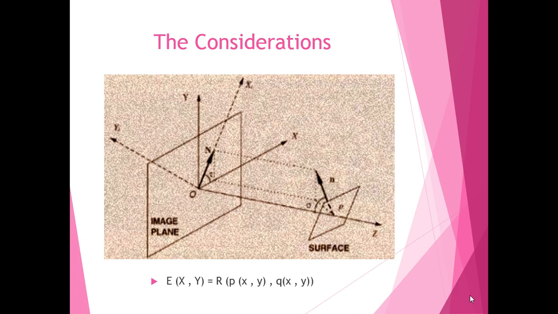E of x and y is the image irradiance function, R is the function of P and Q, and it is the radiance function. P and Q are themselves the partial derivatives of the surface of the object in the directions x and y respectively. So the image irradiance equation gives us the information that is quite essential for the reconstruction of the three-dimensional shape from its corresponding two-dimensional shading images.